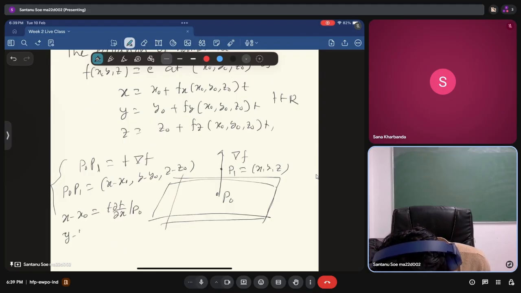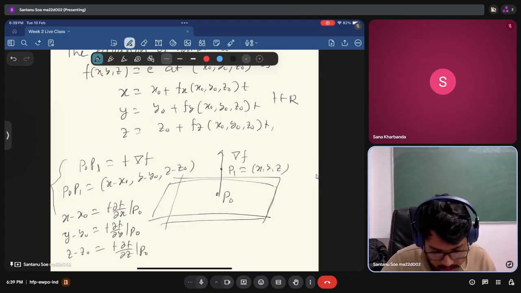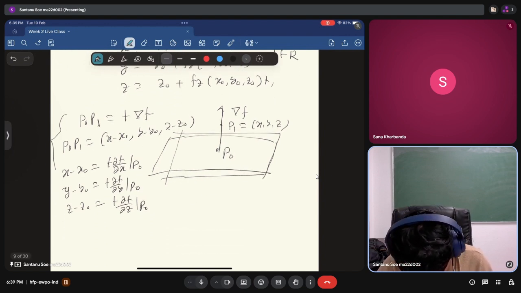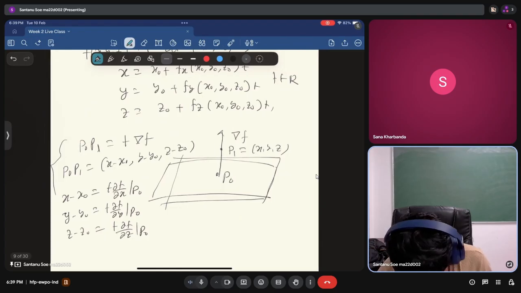Similarly, y minus y0 equals t times del f del y at P0, and z minus z0 equals t times del f del z at P0. So that's how you get the equation of the normal line.